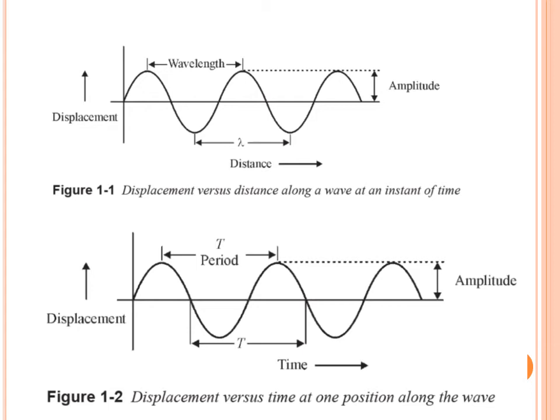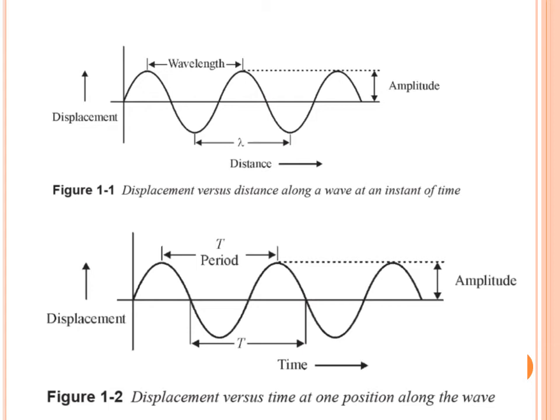The second figure, figure 1.2, shows displacement versus time. And that capital T is what's called the period, and it tells us how long it takes for one wavelength to repeat itself.